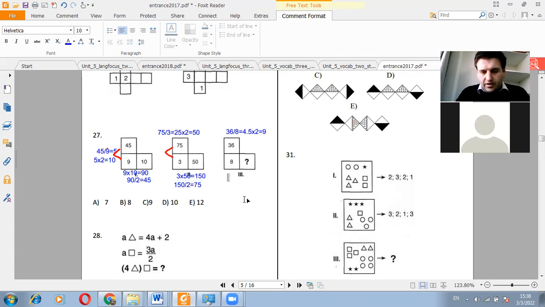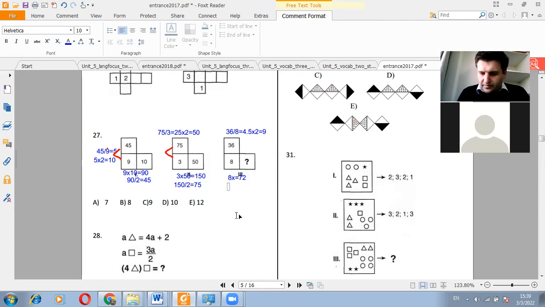And then here, because we don't know the number, we can do 8 times x. 8x equals 2 times 36, which is 72.